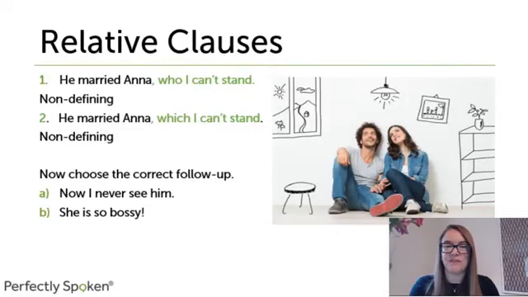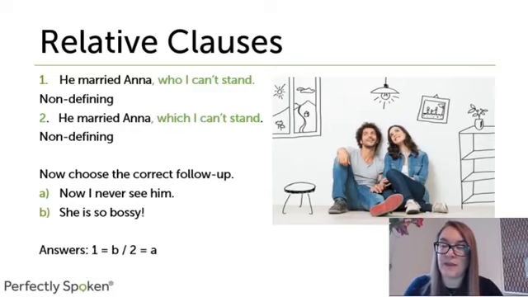Okay, what do you think? Well, let's have a look together. So the answers are 1 is matched with B and 2 is matched with A. He married Anna, who I can't stand. She is so bossy. He married Anna, which I can't stand. Now I never see him.